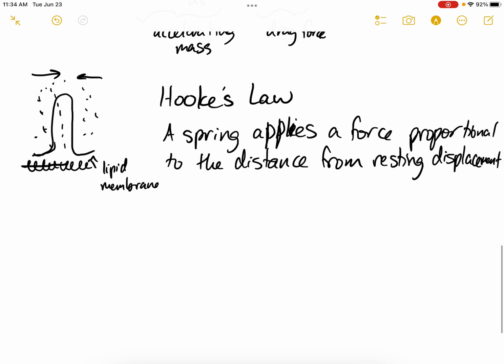Right? So we assume in this case that it is x equals 0. So what this says is that the force applied by the spring is equal to negative k, where k is a spring constant, times x, right?